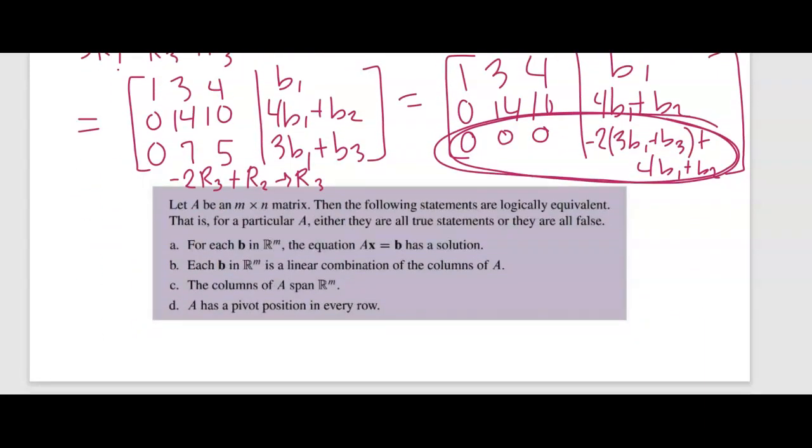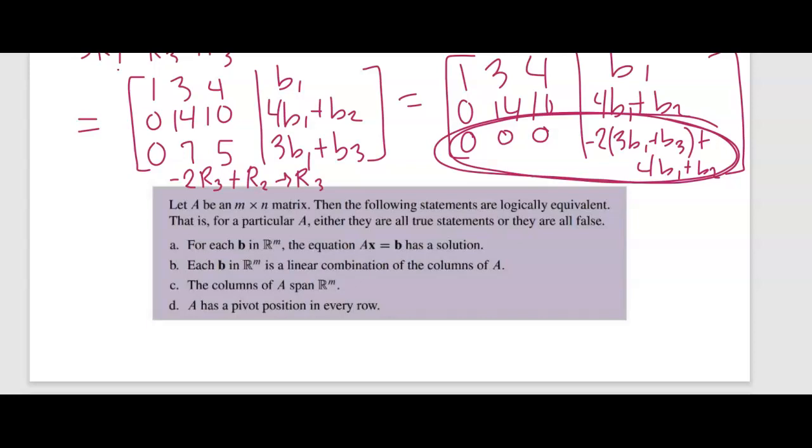All right, here's another set of definitions to close us out. If A is an m by n matrix, the following statements are logically equivalent, that is, for A, they are either all true or all false. For each b in Rm, the equation has a solution.